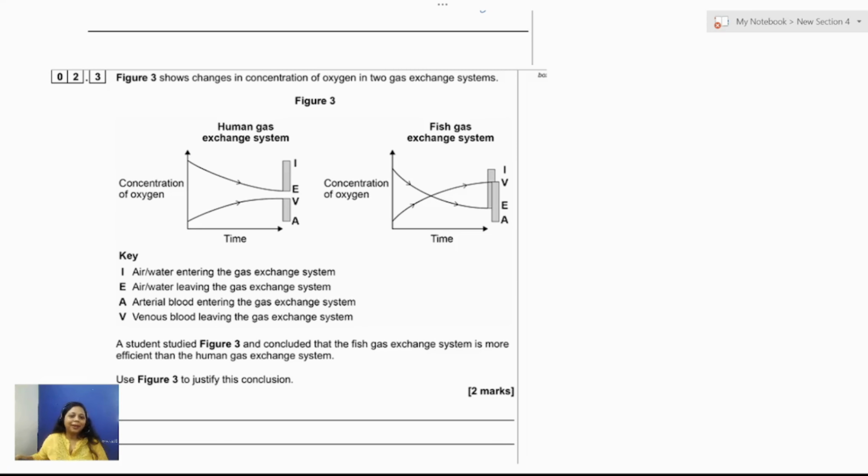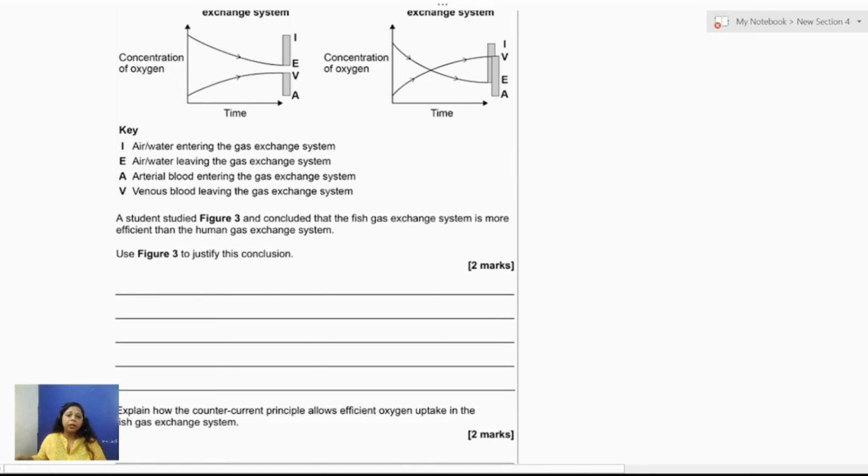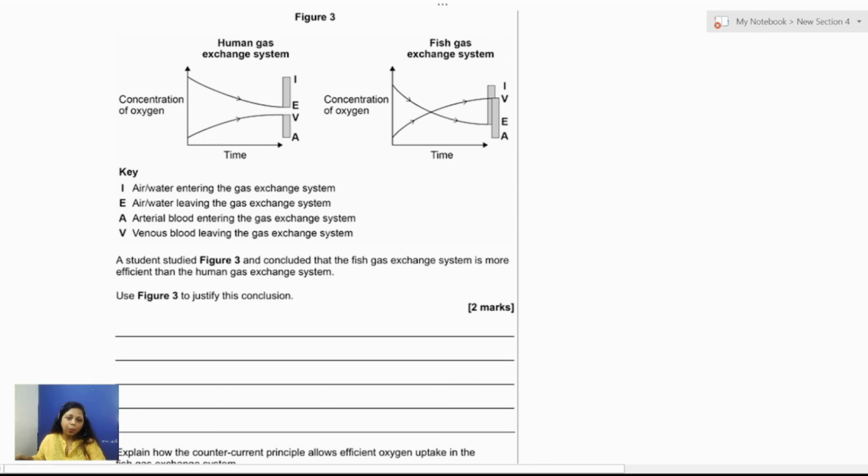Okay, so a student studied figure 3 and concluded that the fish gas exchange system is more efficient than the human gas exchange system. Why do you think so? So there is something overlapping in fish, right?